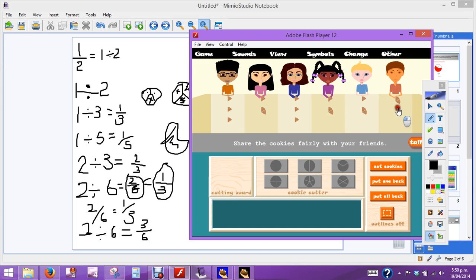Now check this out. Let's join up the pieces that they have. What size fraction does that look like to you? Three bits out of 6. If we look at the shape of her cookie there, she looks like she's got about half a cookie. So let's put them all back and see if we share them out in halves, that they'll all get exactly the same amount.